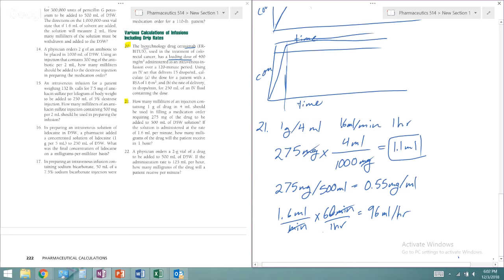So then you take the 96 milliliters in 1 hour and multiply it by your concentration from up here, milligrams per 1 ml. And so then these cancel out, and then you find that that is 52.8 milligrams per hour. And so that is your other answer.